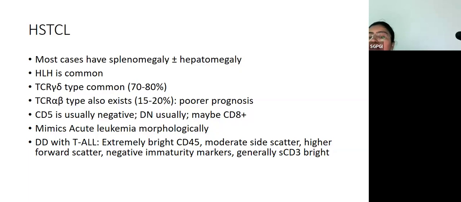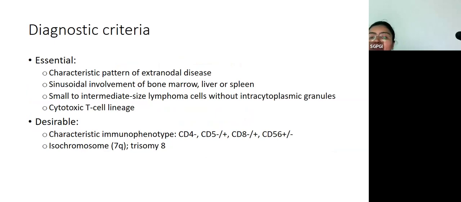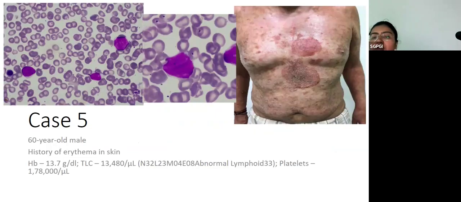And extremely bright 45, moderate side scatter, higher forward scatter, negativity for the immaturity markers, and generally a very bright CD3 that helps you diagnose a case as HSTCL. Supportive pattern comes with a sinusoidal pattern of infiltration. And these are the diagnostic criteria for HSTCL. It is frequently associated with isochromosome 7q and trisomy 8.